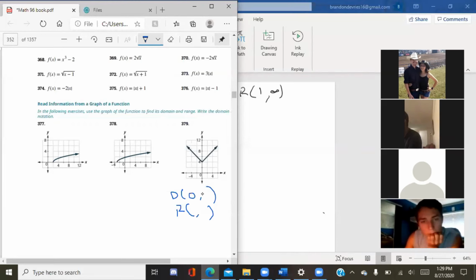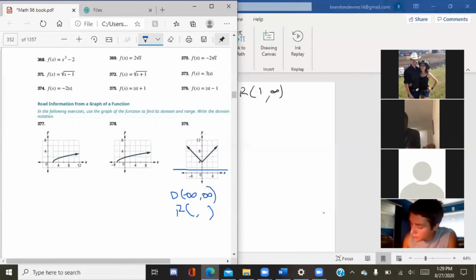The domain isn't zero, it's negative infinity and positive infinity because the arrows keep going. I think that's the range because that's the y or the x axis. Oh yeah, you're right. I got the x and y axis mixed up. So it is negative infinity? Yeah, negative infinity, positive infinity. I just got domain and range mixed up.